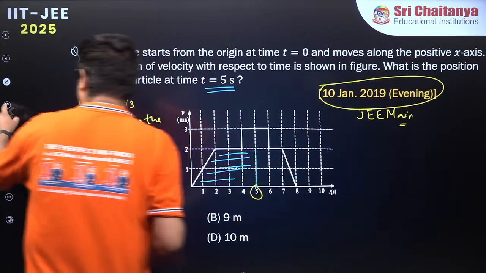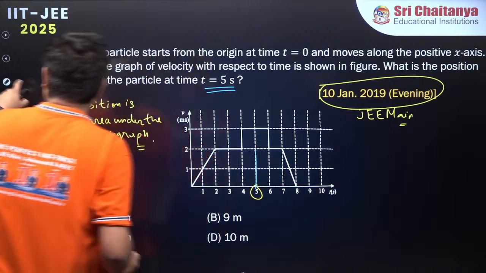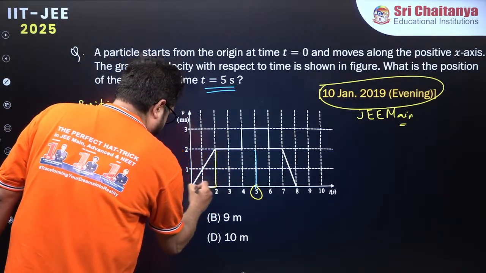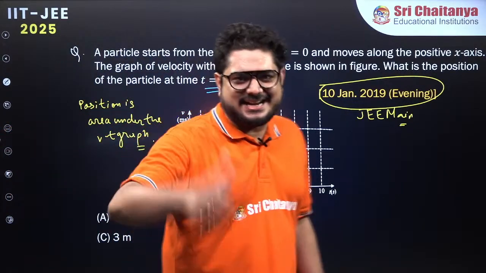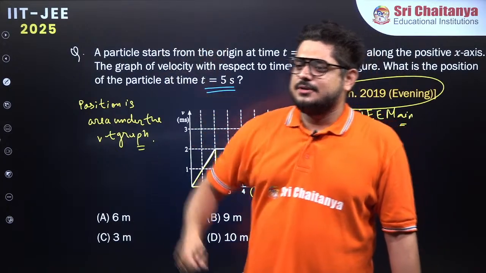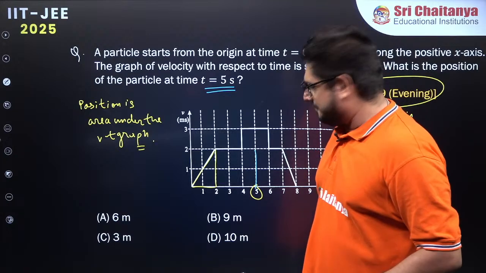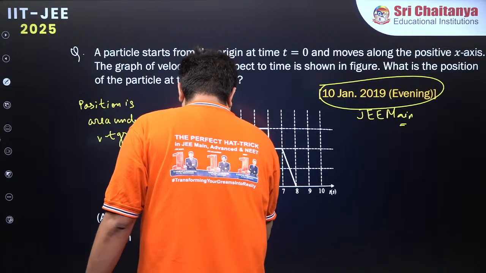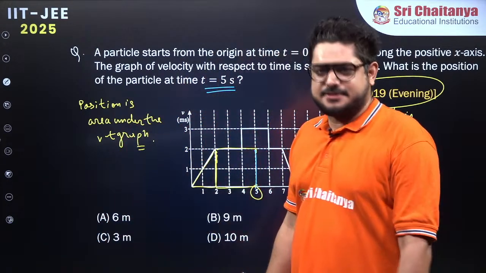Now if you are able to see, everyone, pay attention to this. Can I say that this is associated with a rectangle and a triangle, a right angle triangle? Those who are able to see a triangle, give me a thumbs up. Along with that, we have a rectangle over here. You just need to calculate the area of these two elements.